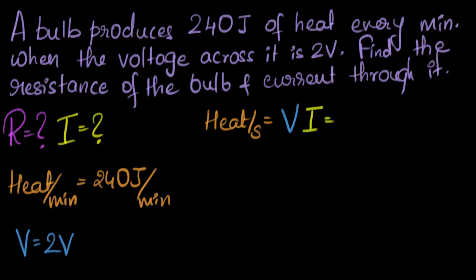And then we can also use Ohm's law, and we can write this as I squared R, which is also the same as V squared over R. If you look at it carefully, we are given heat produced per minute. From this, we have to calculate the heat produced per second. That's going to be our first step, because the formula deals with heat produced per second.